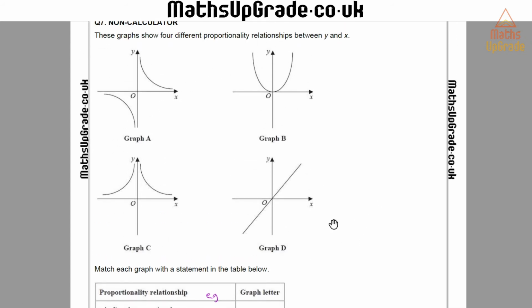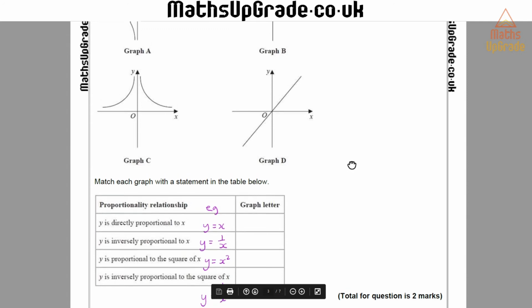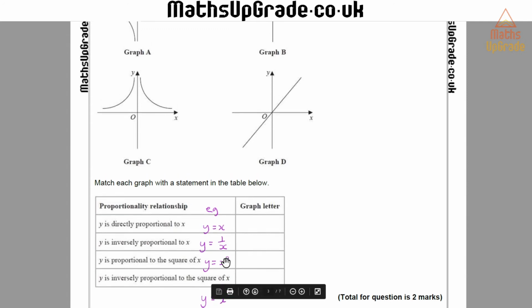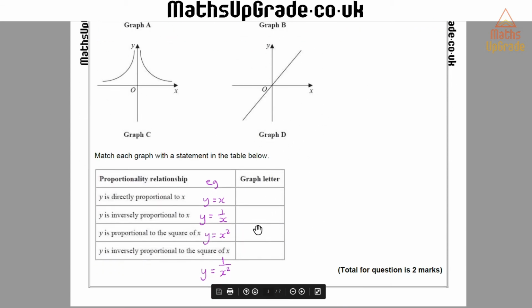So that could be y equals x squared, y equals 2x squared, y equals negative 5x squared. So they're all going to be looking like quadratics. If you're not shown quadratics and the graphs of quadratics, be sure to check out my video on this channel. But that is going to be essentially looking like either a U curve or an upside down U curve. So that would be graph B. So the third one is graph B.